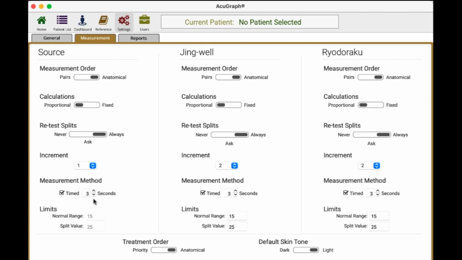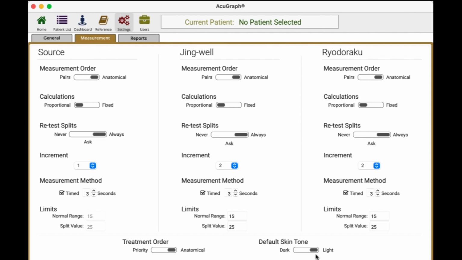And when you have mastered the technique and you're more of an expert at it, 3 seconds is about the sweet spot. It gives you adequate time to locate the point, to get it stabilized, and to capture the reading. So I like to keep mine at 3 seconds on the timer. So that's what these settings do under how your measurements are performed.